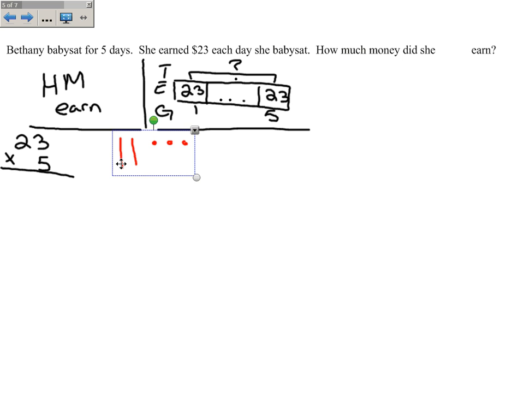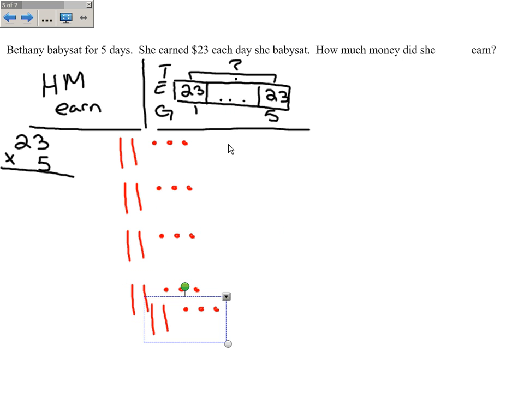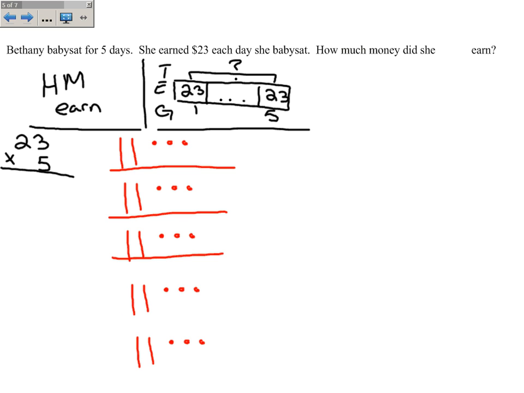And since I'm on the smartboard, I can kind of cheat and clone it a couple of times. 1 2 3 4 and 5. I've got 5 of them. Draw a line kind of separating.